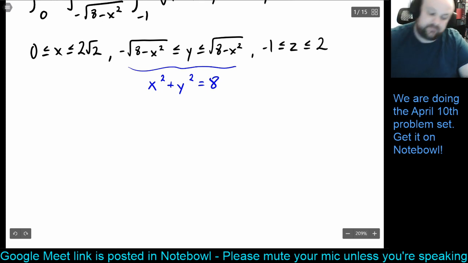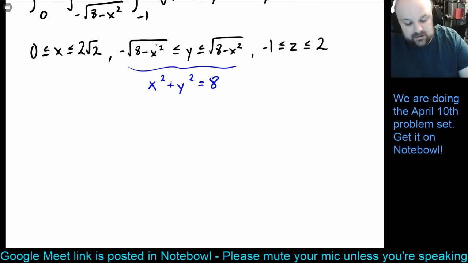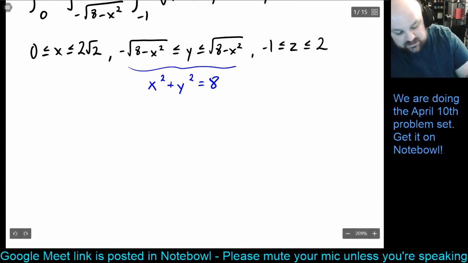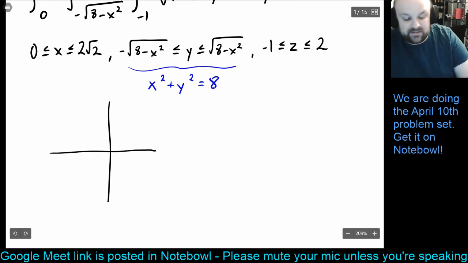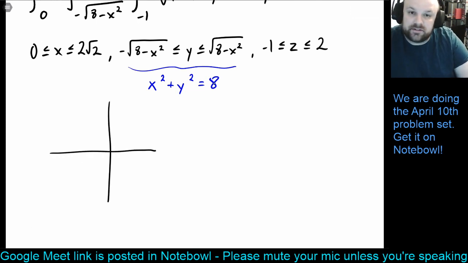The bottom bound for y is the bottom half of the circle. The top bound for y is the top half of the circle. So we're saying we're inside this circle. So let's graph this. Radius of the circle, by the way, is 2 square root of 2.